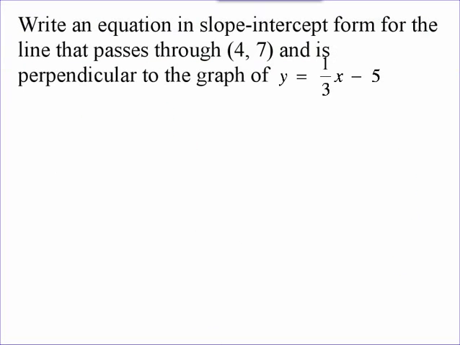What we're going to do is look at the following question. Write an equation in slope-intercept form for the line that passes through (4, 7) and is perpendicular to the graph of y equals 1/3 x minus 5. We're going to start with this statement right here.